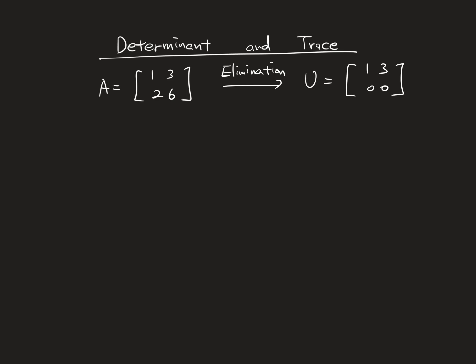The eigenvalues for the matrix A are 0 and 7, and the eigenvalues for U are 0 and 1. So we can see that elimination does not preserve eigenvalues.